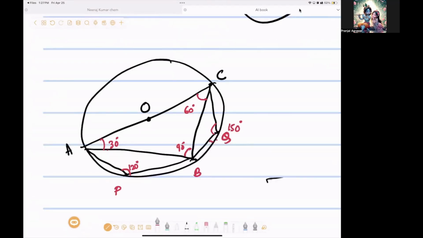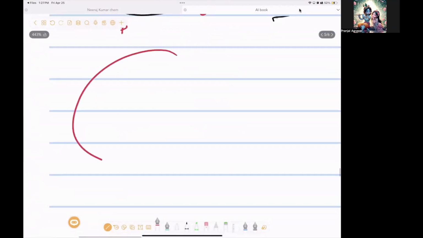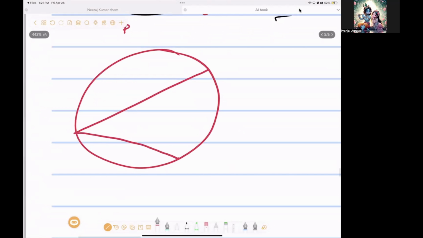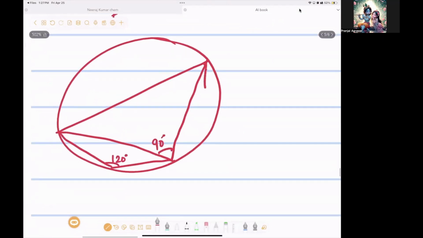Okay, let me draw the figure and explain. So this is a diameter given. So angle subtended at circumference by diameter is 90 degree. Now if you join, this is given as 120 degree. And if this is 120, this will be 60 degree, because opposite angles of a cyclic quadrilateral add up to 180 degree.